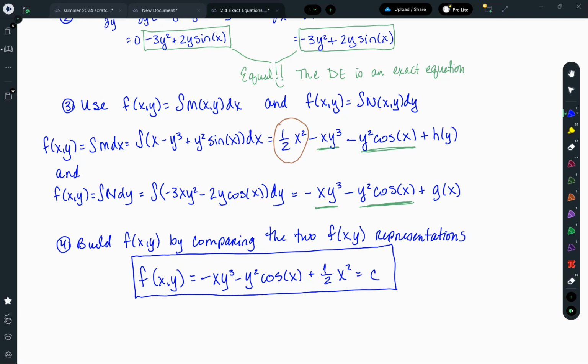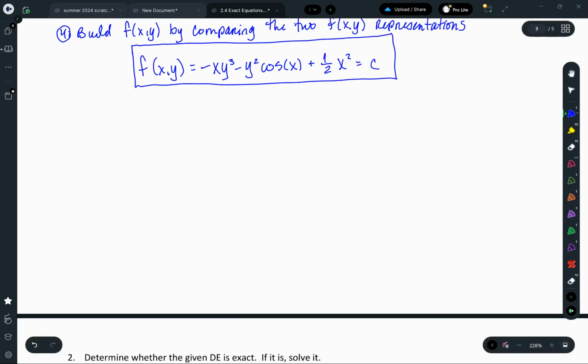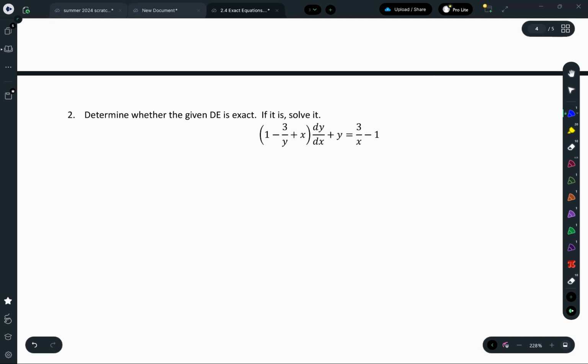Okay, we need another example. We're going to determine whether the given DE is exact, and if it is, we'll solve it. And the very first thing we have to do is get this in the standard differential form. This is so not in the differential form, and seeing the dy over dx can be misleading when you're working through this problem.